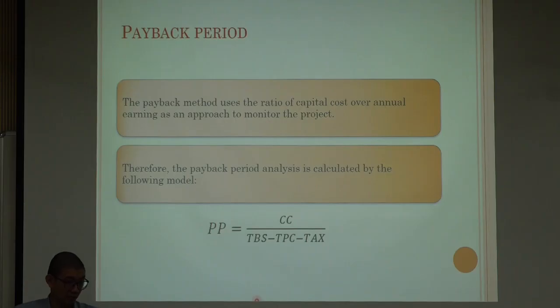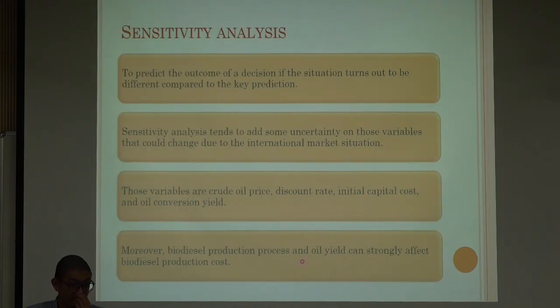Then after that, what we do more compared to others is the sensitivity analysis. So what is the sensitivity analysis? When we do any economic analysis, we base it on the current scenario. But sometimes many things fluctuate. For example, the crude oil price changes from time to time.